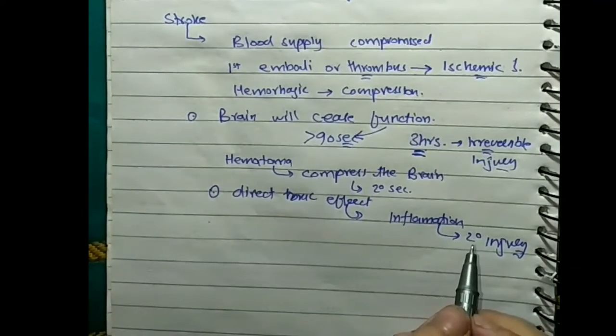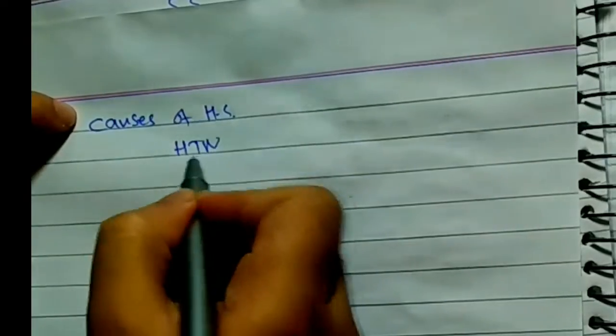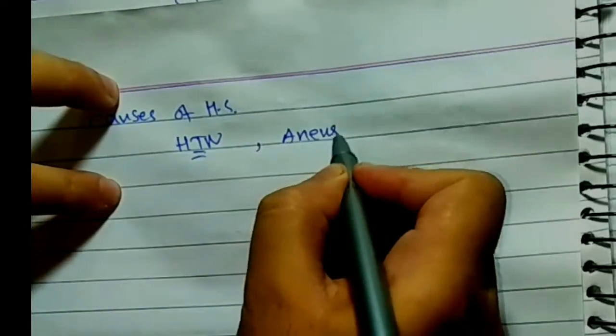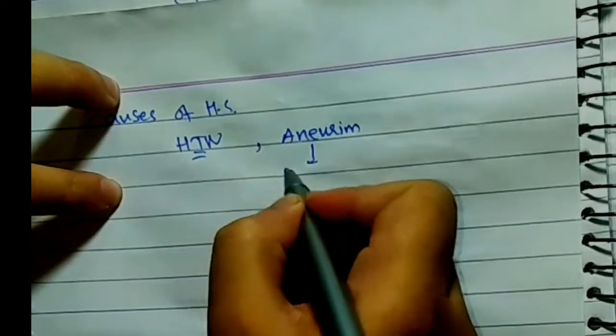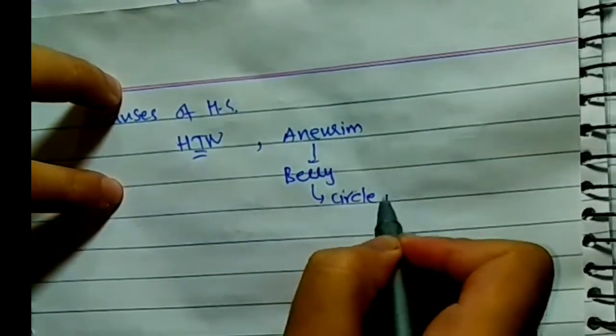The causes of hemorrhagic stroke are hypertension and aneurysm, mainly berry aneurysm, which forms at the circle of Willis.